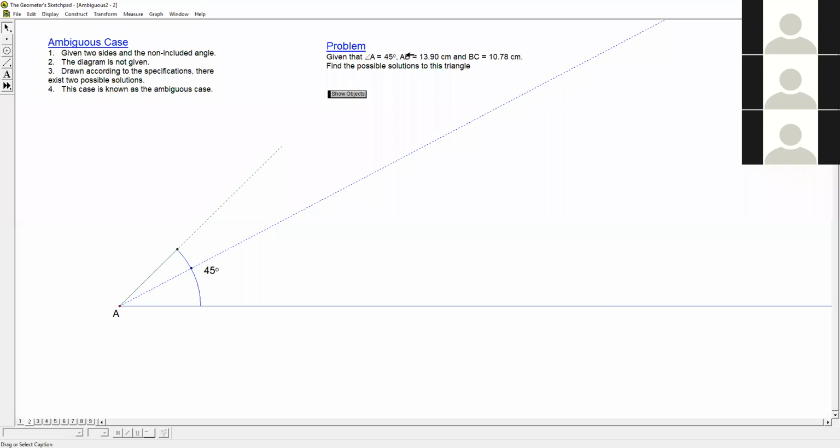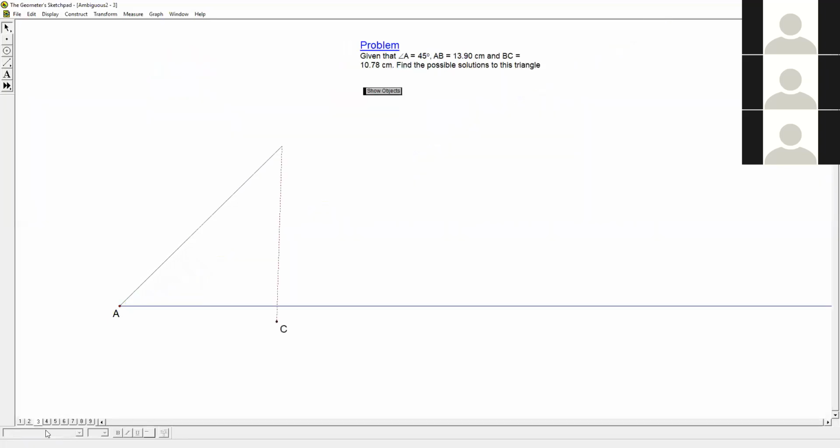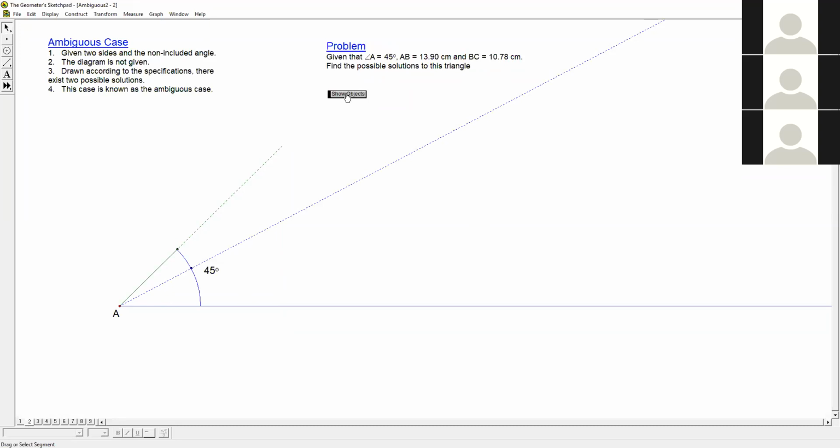So what is this line here? 13.9 centimeter, right? So how to construct 13.9 centimeter? So you construct the 13.9 centimeter here.